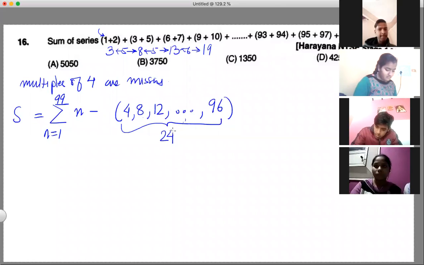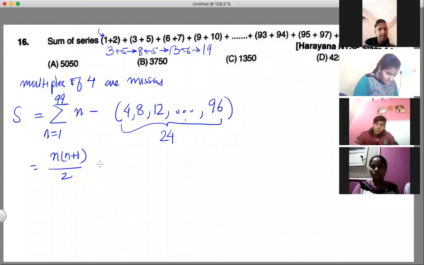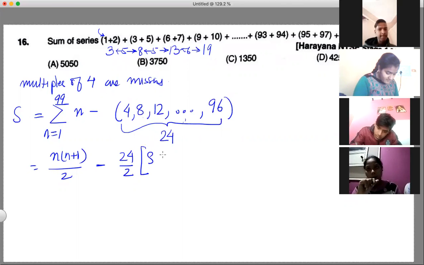Right? So what is this sum? This sum is n into n plus 1 by 2. And what is this sum? This is 24 by 2, the bracket 2 into 4, which is 8, plus n minus 1, which is 23, into 4.